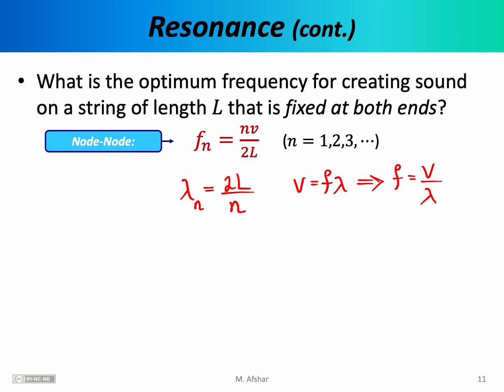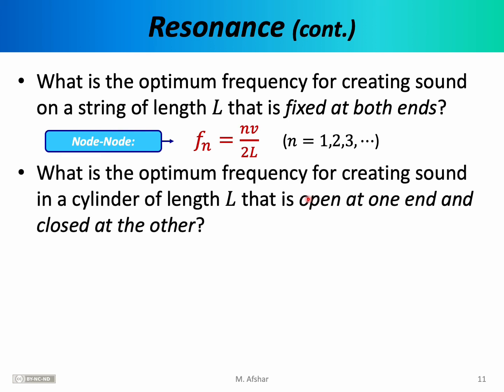And if lambda is 2L over N, substituting that expression in here, we find that frequency must be NV over 2L. So these are the resonance frequencies of this particular string. These are the frequencies at which the particular string has the maximum amount of energy and the largest amplitude.